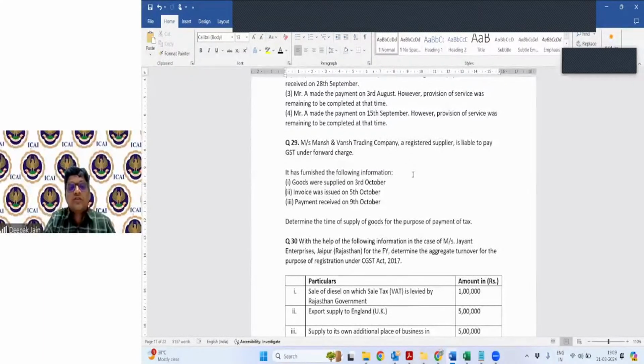Okay, let me just twist this because it's a very simple question otherwise. If the payment is received on 1st October, goods are supplied on 3rd October, and invoice issued on 5th October, then what will be the time of supply?